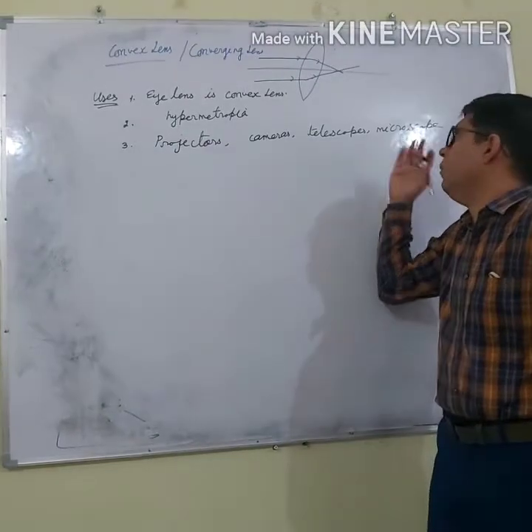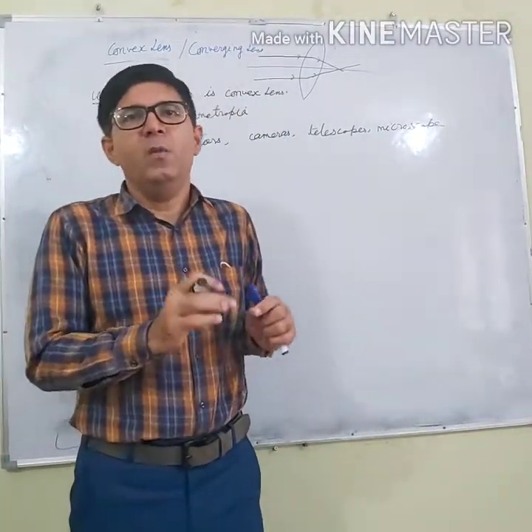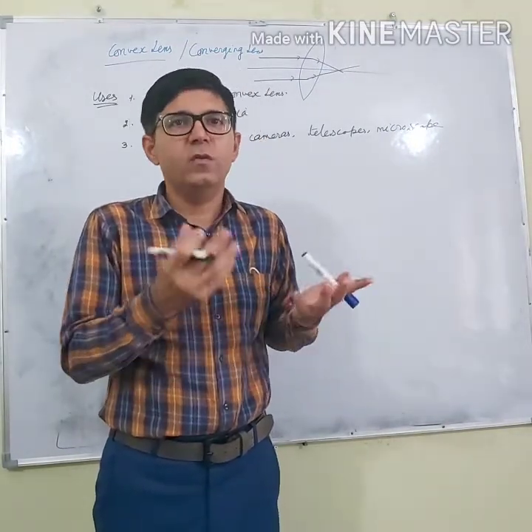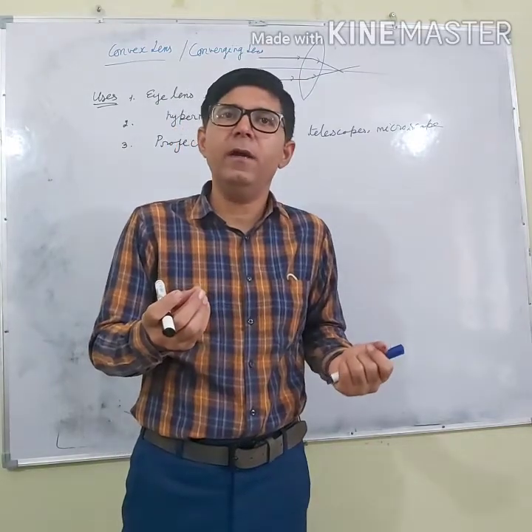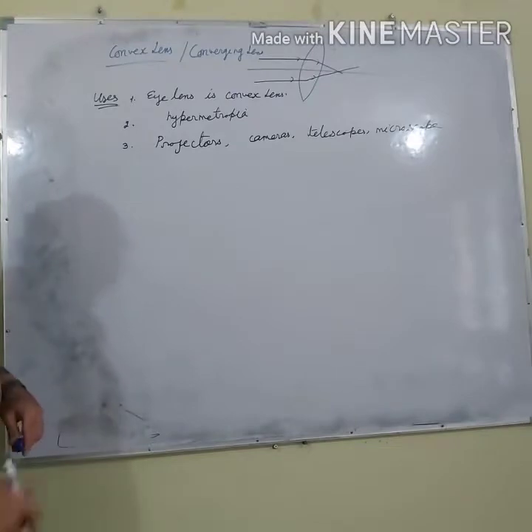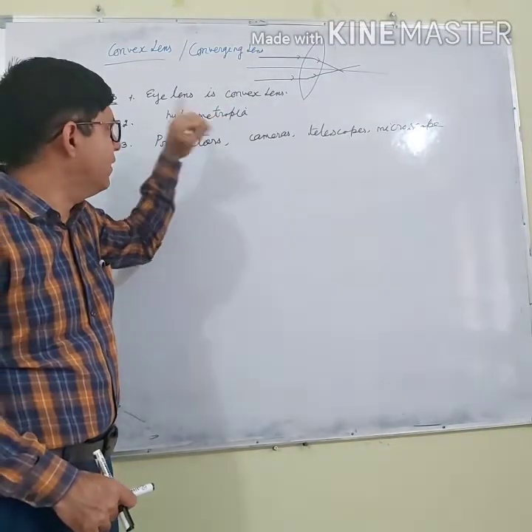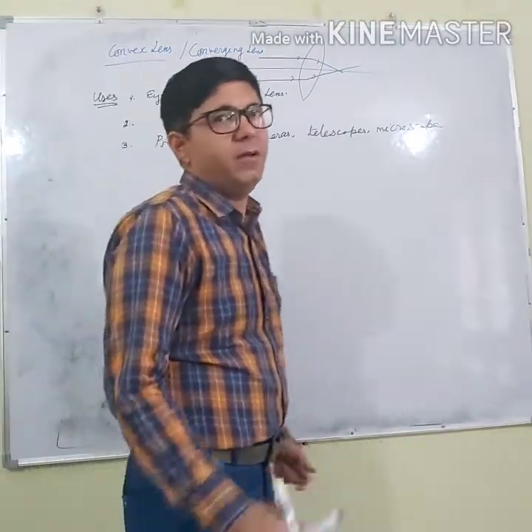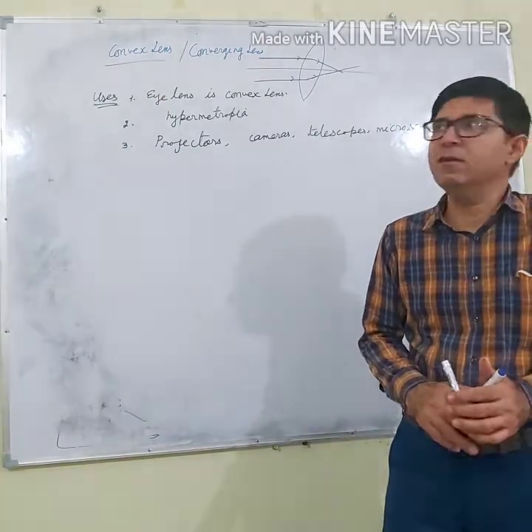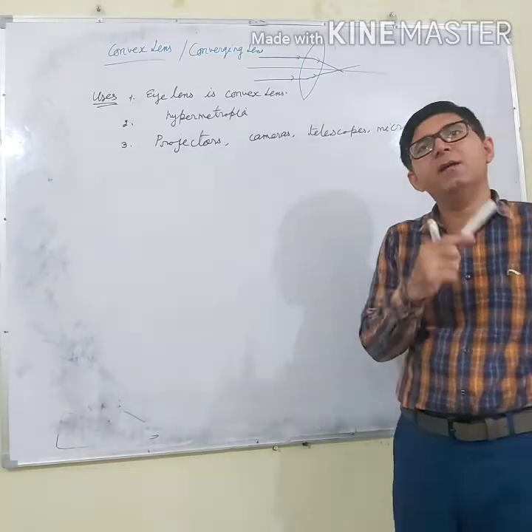And what is a microscope? A microscope is a device with the help of which we can see very small objects which cannot be seen by our naked eye. So these are the uses of convex lens. I am repeating: our eye lens is also a convex lens. Convex lens is used to cure hypermetropia, a defect in which a person is unable to see nearby objects clearly.